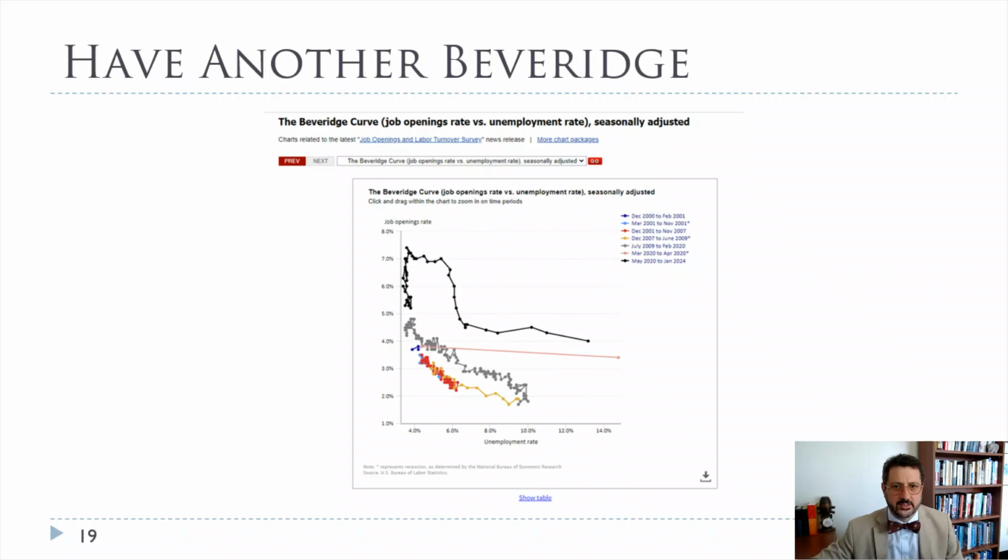So here is another example. This is for the United States, and it adds in the pandemic. The pandemic ended up shifting our Beveridge curve up even more. So this is the data we had before, the red and yellow, and then the gray is the post-financial crisis. But then we get this big shift out from the pandemic.